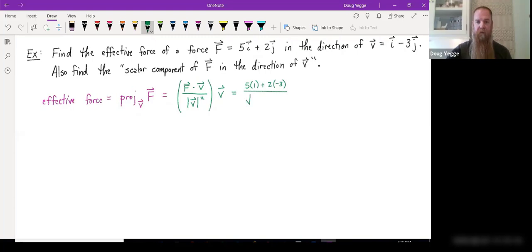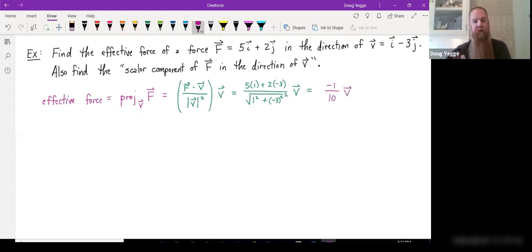Well, that's the square root of 1 squared plus -3 squared. Now, notice what's nice about squaring a magnitude. When I square a magnitude, I'm squaring the square root, which cancels it. So notice that this is still times vector v.